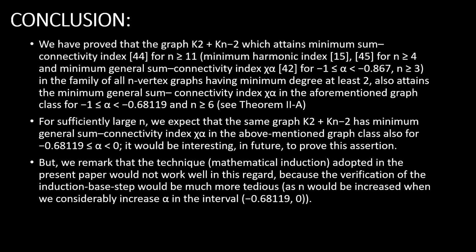So for sufficiently large n, we expect that the same graph K2 + K(n−2) has minimum general sum connectivity index Xα in the above mentioned graph class also for −0.68119 ≤ α < 0; it would be interesting in future to prove this assertion.